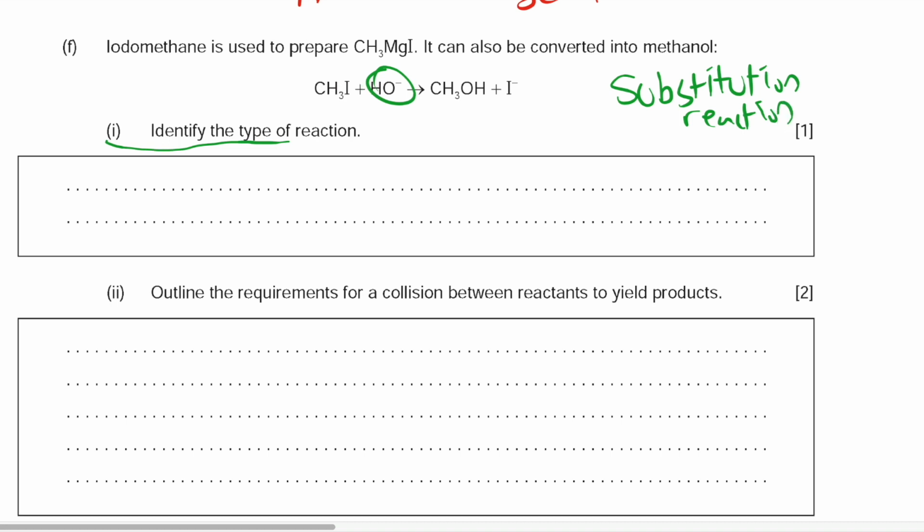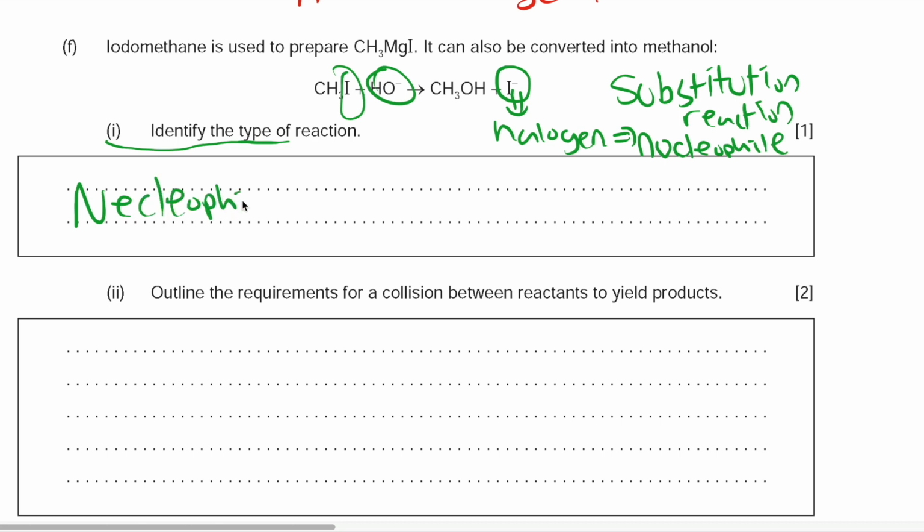And because this species here, OH minus, is a nucleophile, the answer will be nucleophilic substitution.